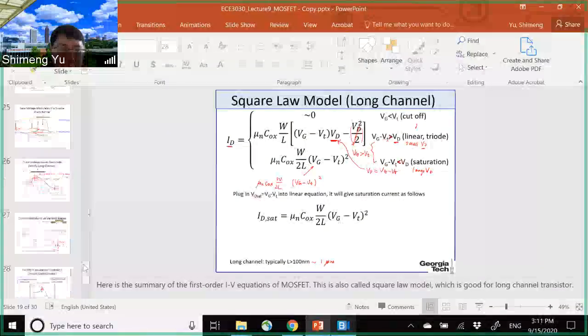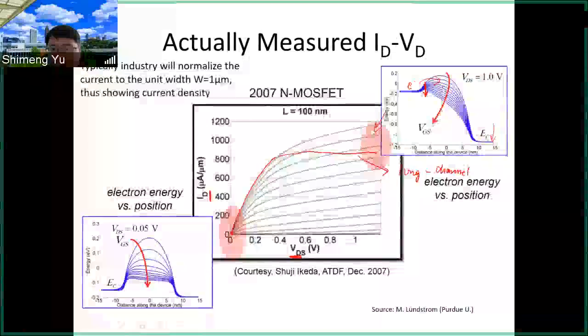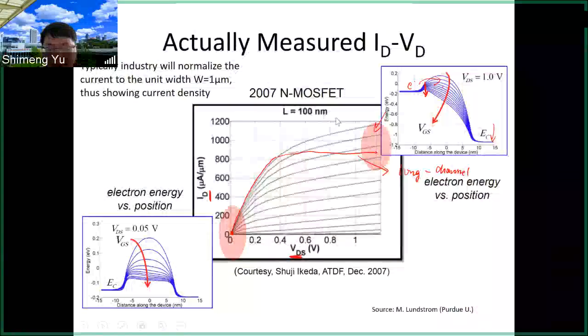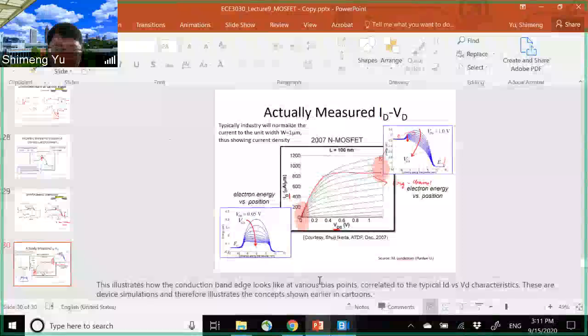So for the short channel, what we require is a conceptual understanding of why the current no longer saturates in the short channel device, and then the ID-VD curve with the slope here can represent the short channel transistor's behavior. So any questions?